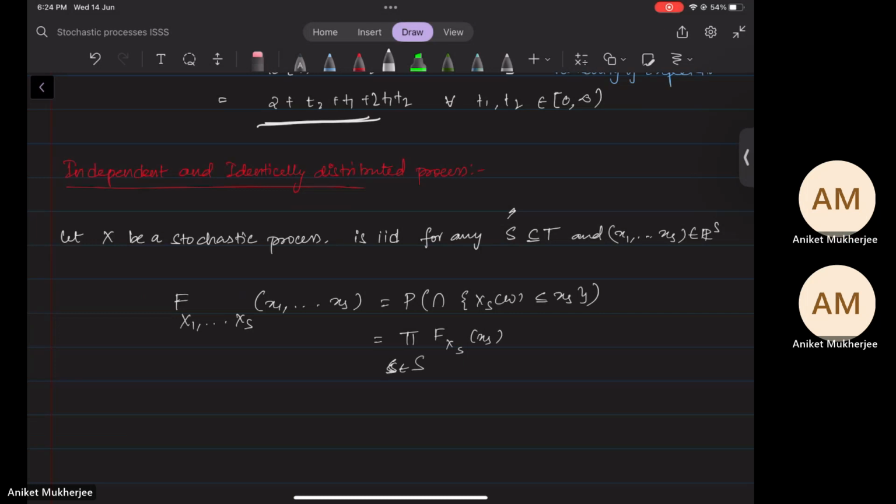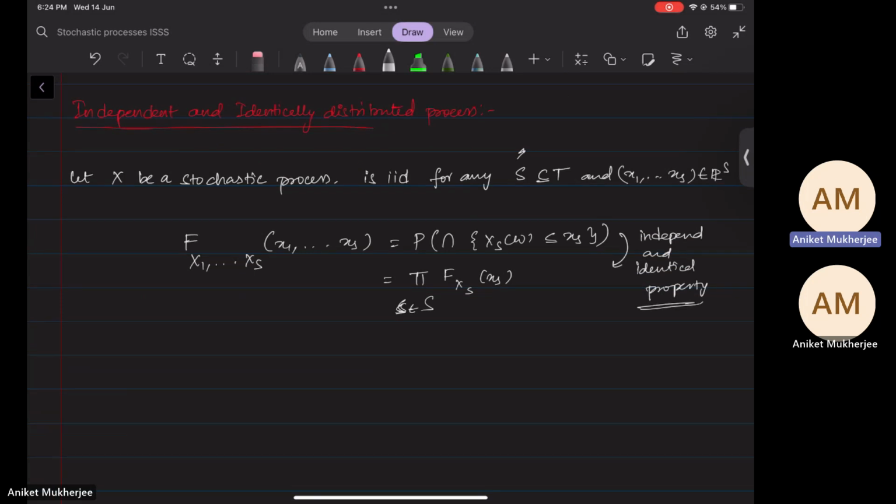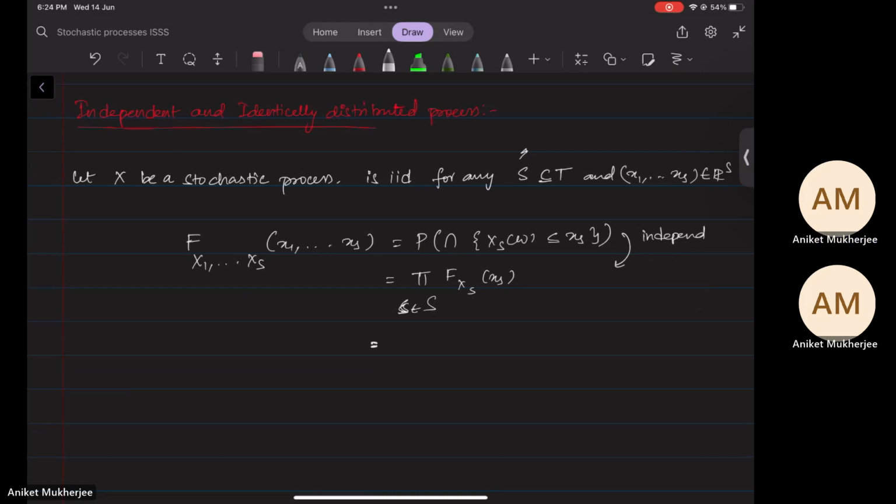So if this factorizes, then we have used both the independence and identical property. This step is using the independence: you factorize the probability distributions, and then since they're identical, at each random instantiation of the stochastic process you get the same distribution.